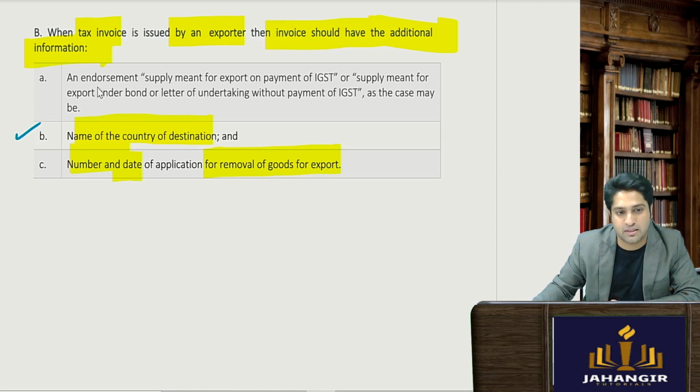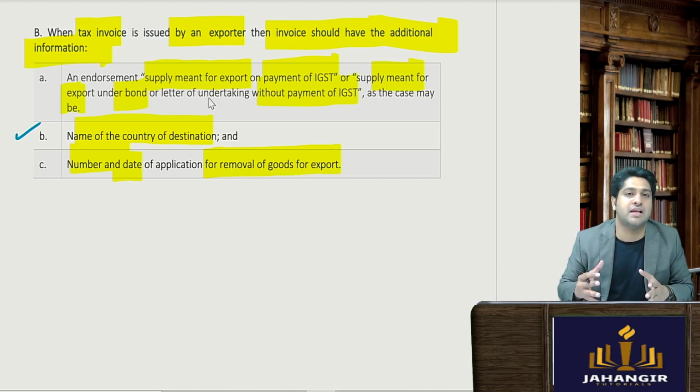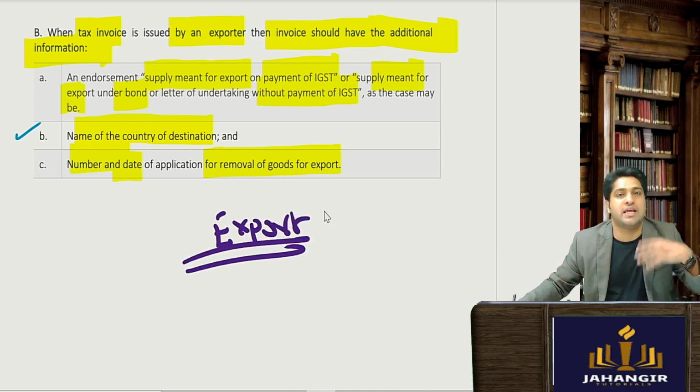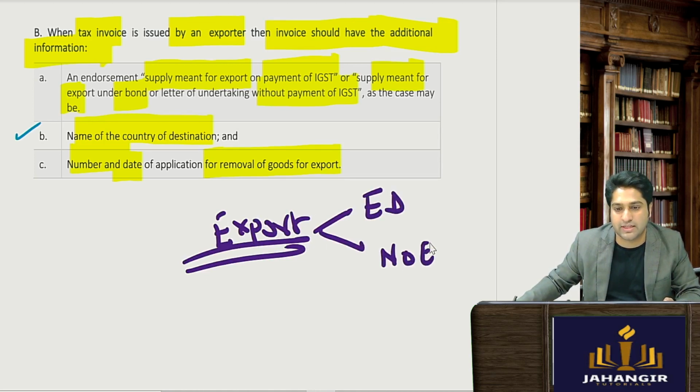And an endorsement or statement stating that supply is meant for export on payment of IGST, or supply is meant for export under a bond or without payment of IGST. So this will come in your Customs Act, where you realize that whenever exports are made, there could be export duty, or there could be no export duty.